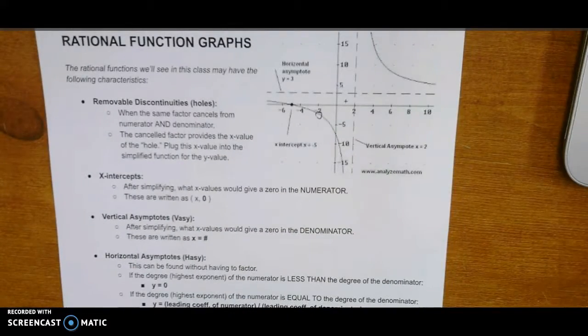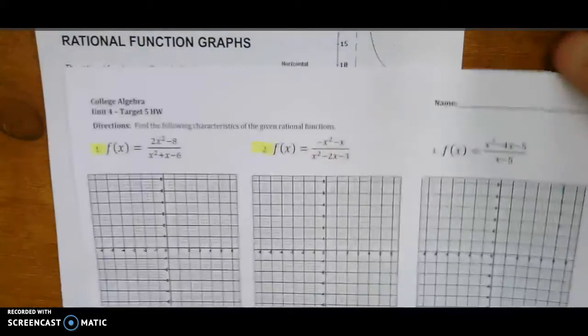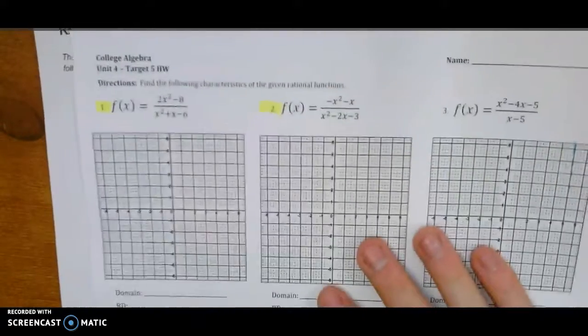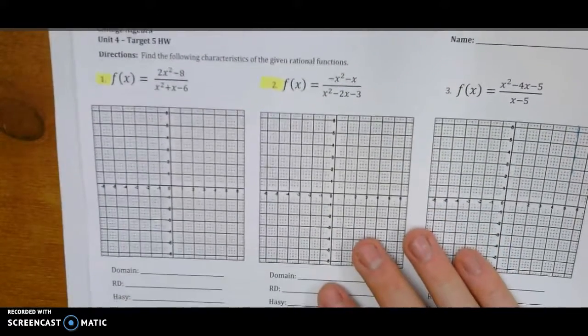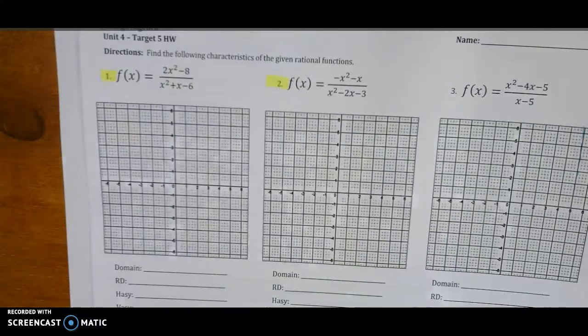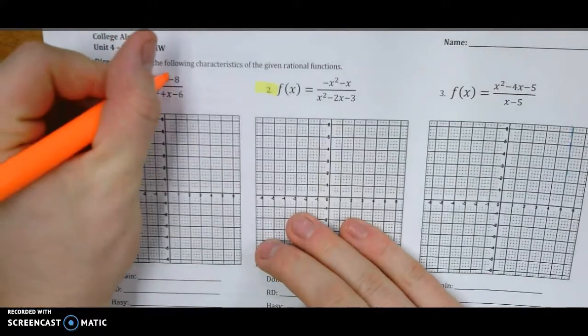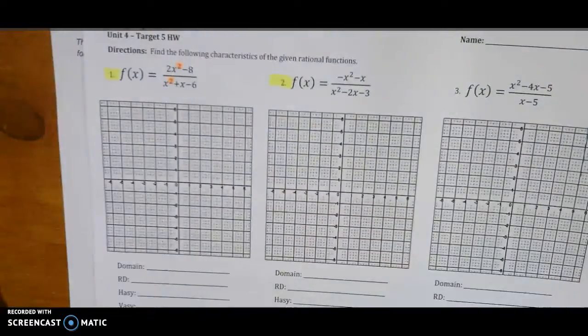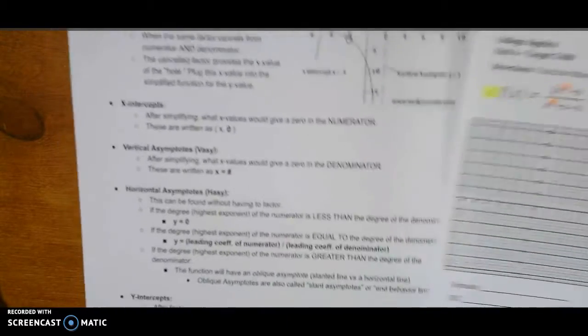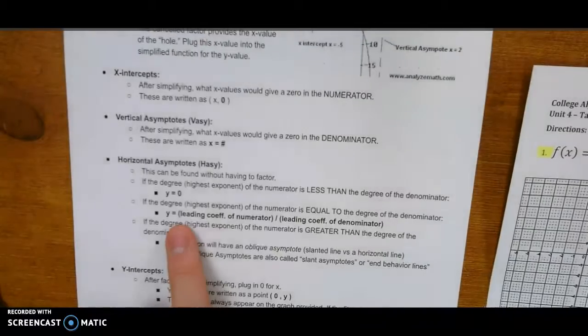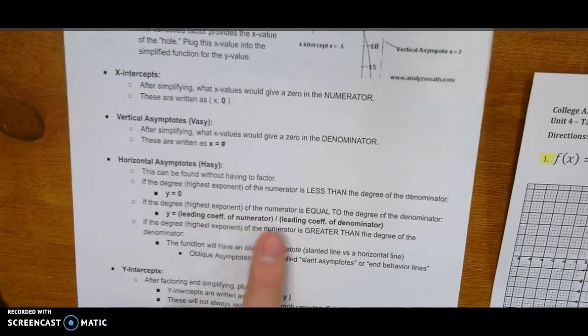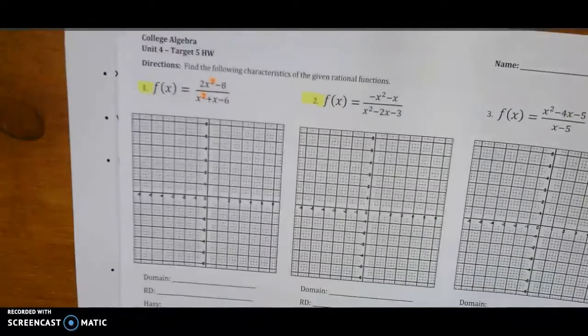So let's take a look at our first example. As we're going through these, if you need to pause at any specific point, please feel free to do so. First thing I'm noticing, right off the bat, is the exponents of my numerator and denominator are the same. That means my horizontal asymptote is going to be the leading coefficient of the numerator divided by the leading coefficient of the denominator.